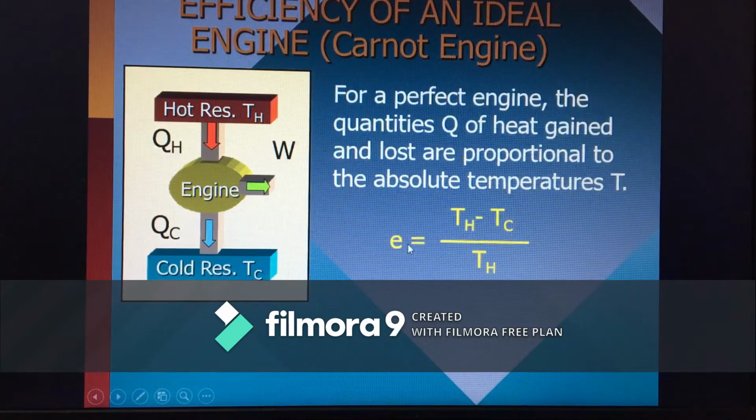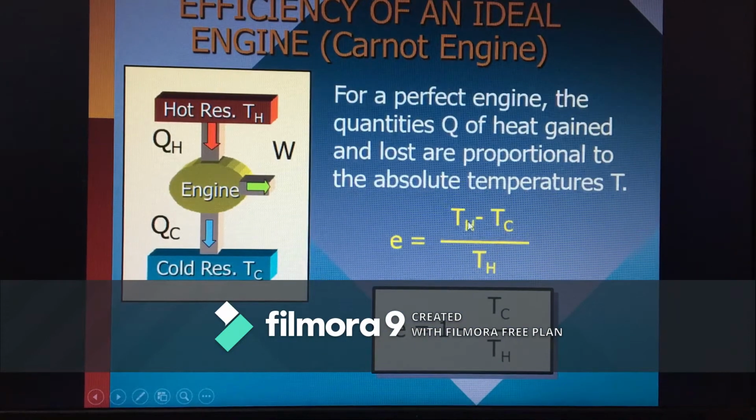So the efficiency is given by this formula, E equal to TH minus TC over TH. So we have another formula, class, for efficiency, but this is specific only for an ideal engine. So dividing TH by TH equal to 1, dividing TC by TH, we have TC over TH. So this is the final formula.